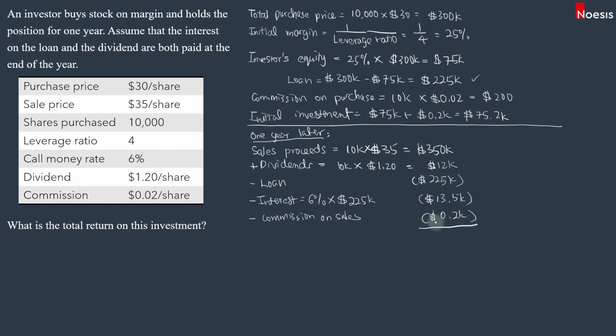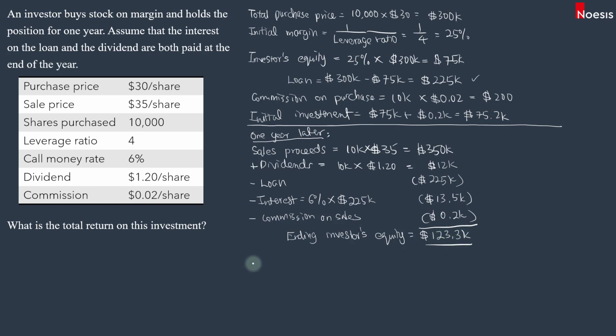If you take the net amount, this is 123,300. So this is the investor's ending equity. The investor's equity has increased from 75.2 thousand to 123.3 thousand.